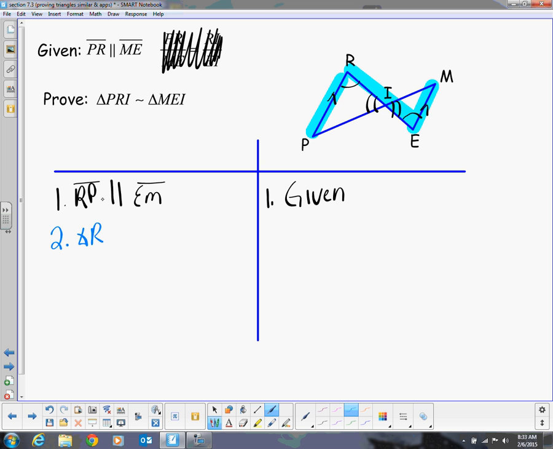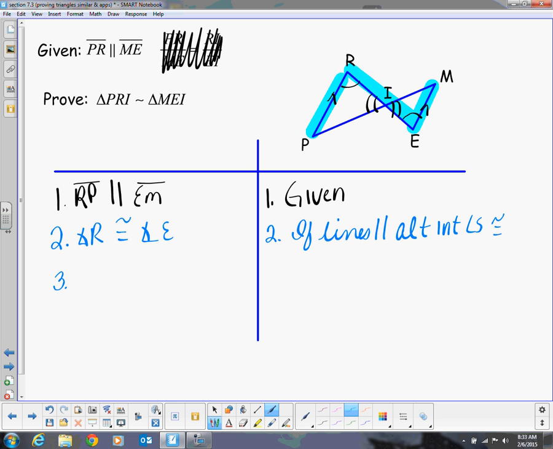See, I wrote R first, so I just flipped them both. Okay, angle R is congruent to what? Angle E. Why? If lines are parallel, alternate interior angles are congruent.